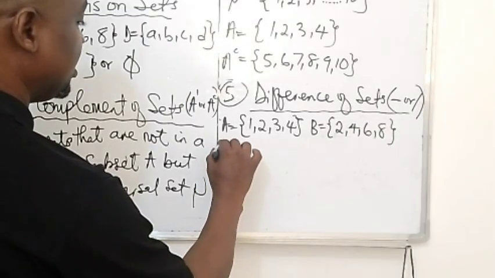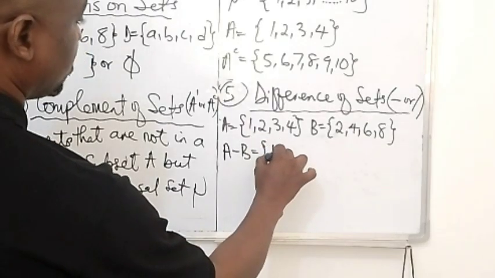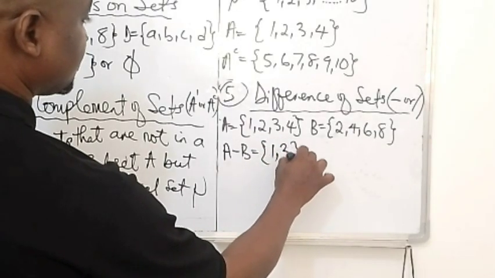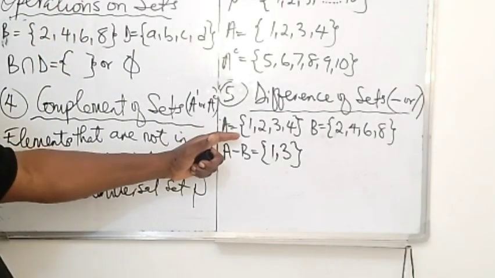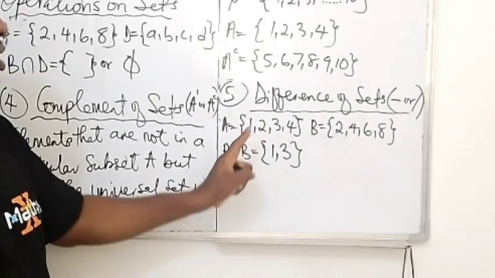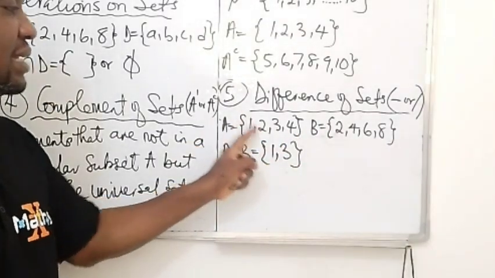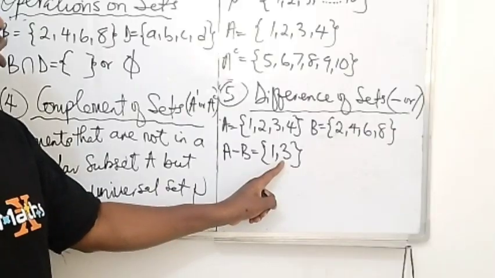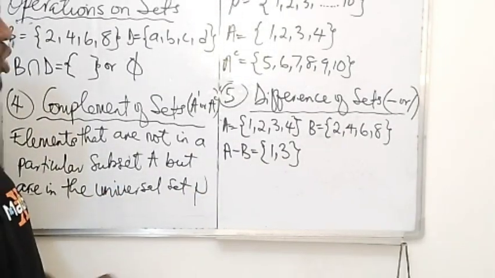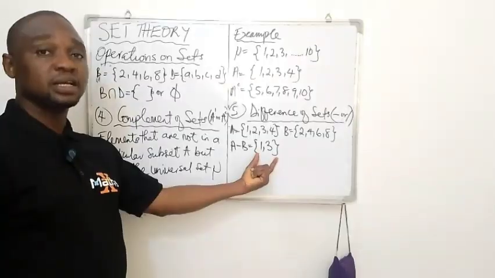So my difference of A and B will be 1 and 3. The elements that are in set A, which are not in set B. As you can see, 2 and 4 are in set B. So the difference of set A and B in this case is 1, 3.